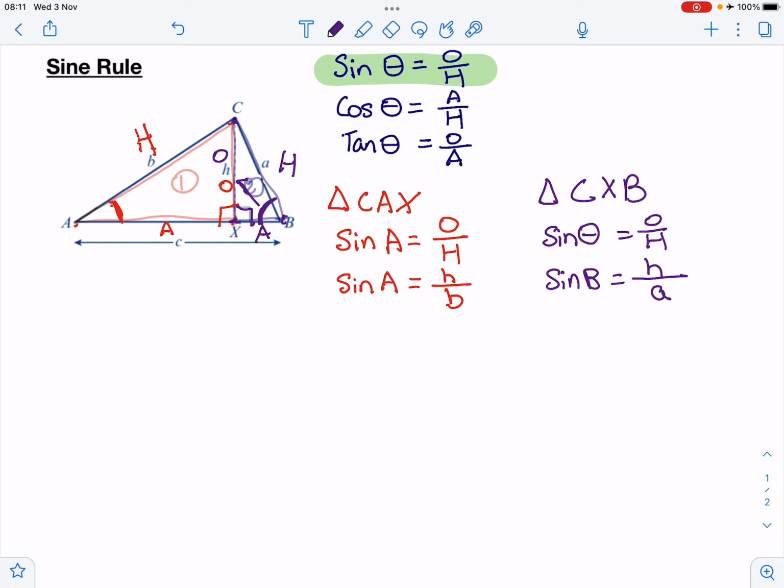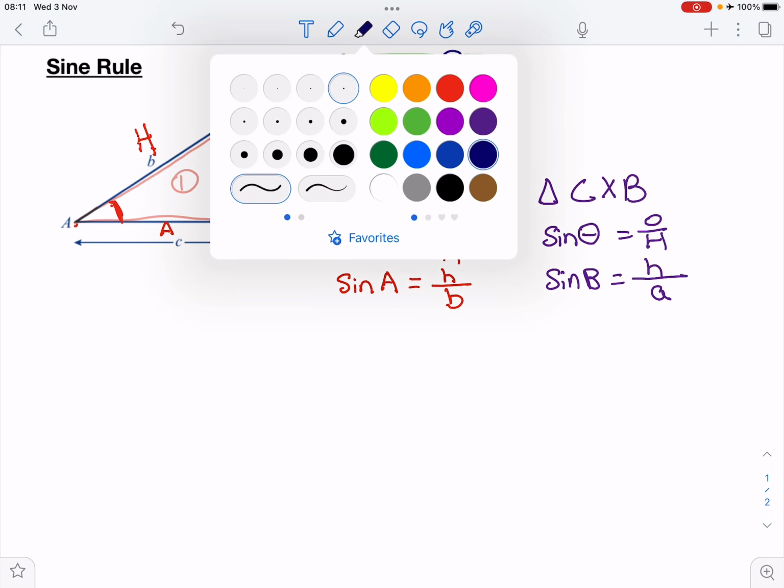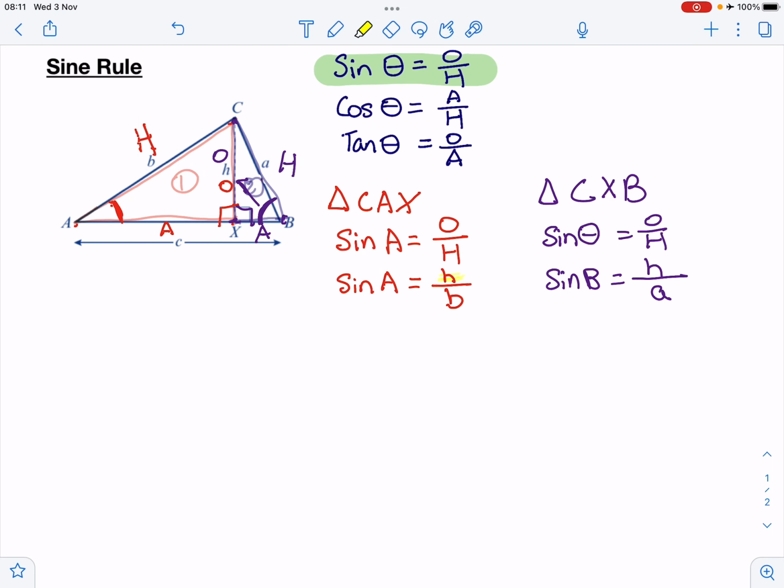If you look at both sine formulas, we can see what they have in common is H. So we're going to rearrange both formulas to make H the subject.